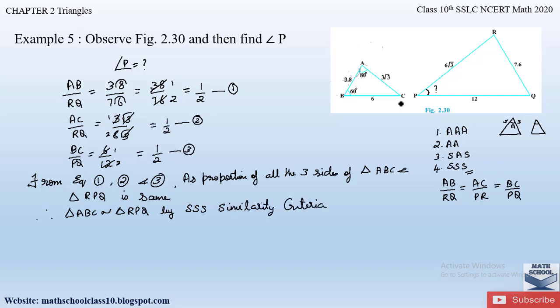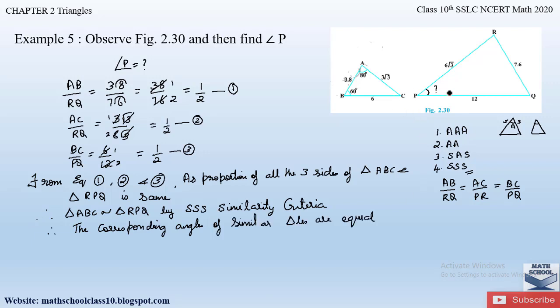If the triangle ABC is similar to triangle RPQ as the sides are of equal proportion, then also the corresponding angles will be equal. Okay, if two triangles are similar, we know that ratio of the sides of these two triangles is equal, as well as the corresponding angles are also equal. Therefore, write down the corresponding angles of similar triangles are equal.